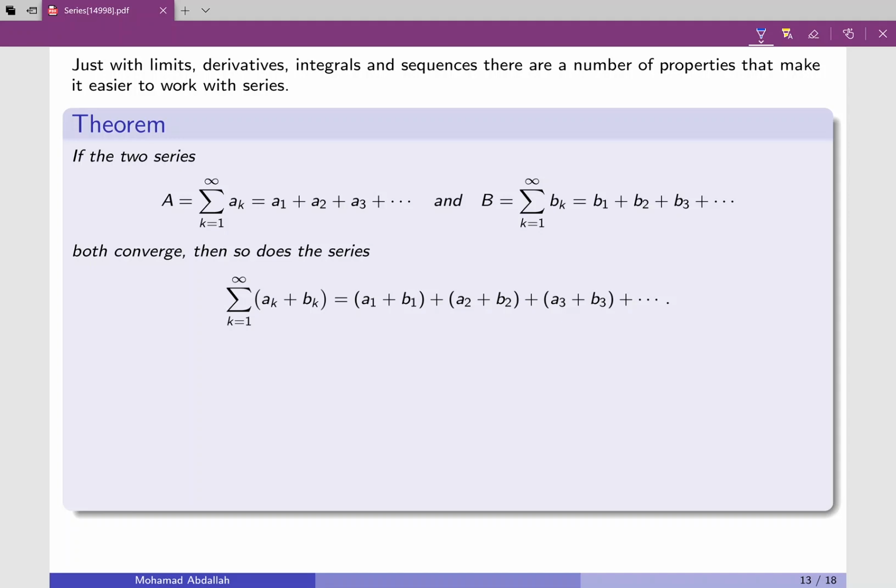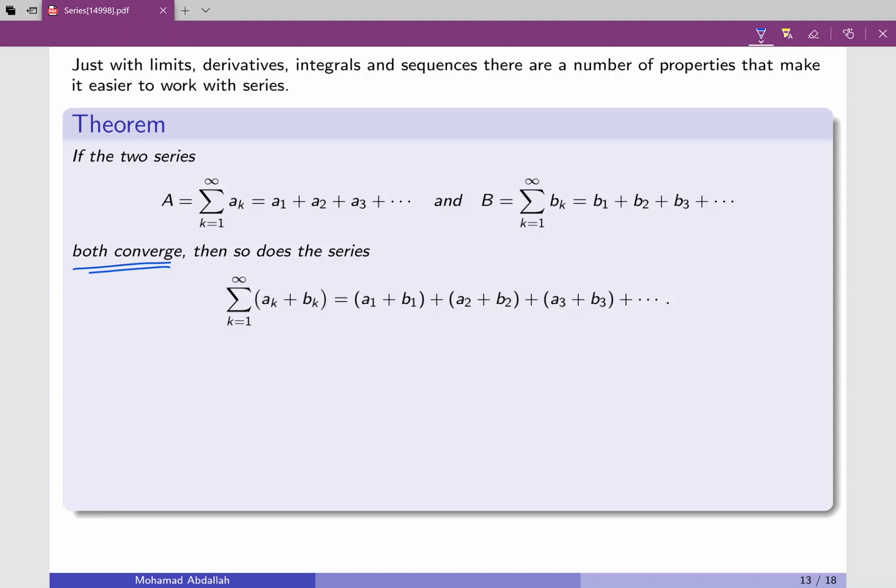So suppose that I have two different sums, A equals the sum from k equals 1 to infinity of some a_k, and B equals the sum from k equals 1 to infinity of some b_k. Assuming that both are convergent, then if you have the infinite sum of a_k plus b_k, you can split this.